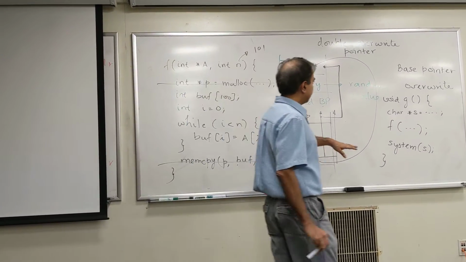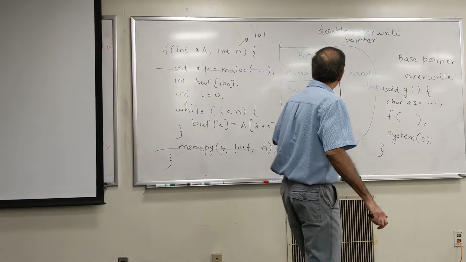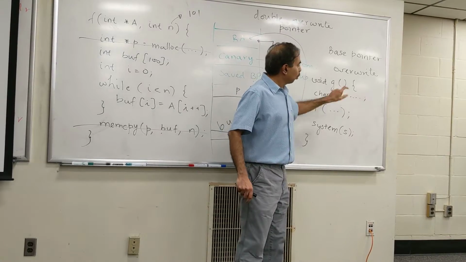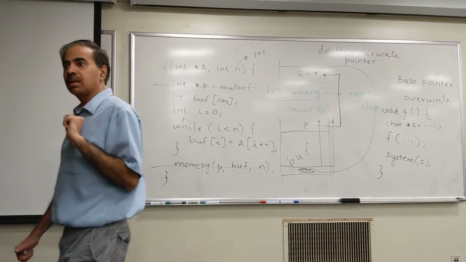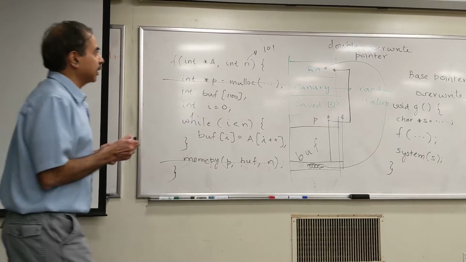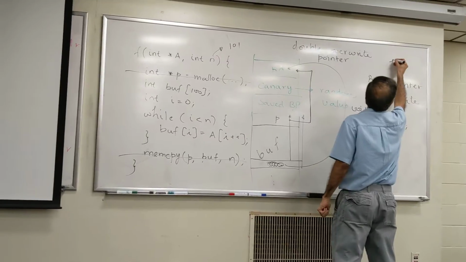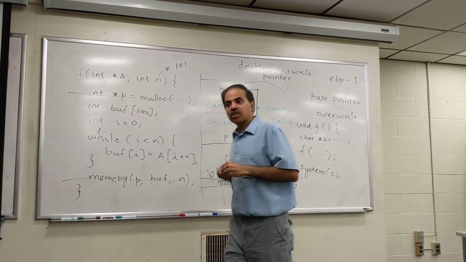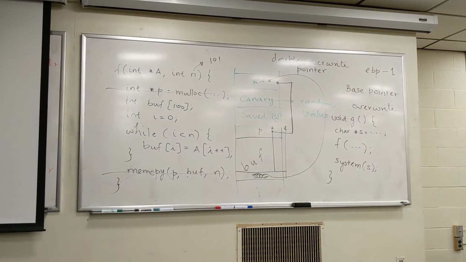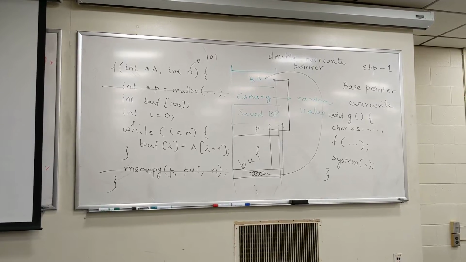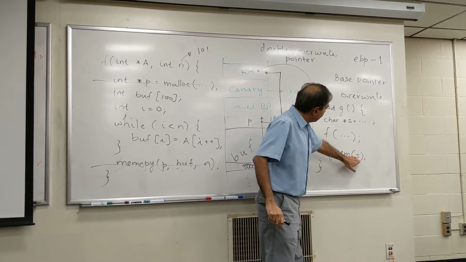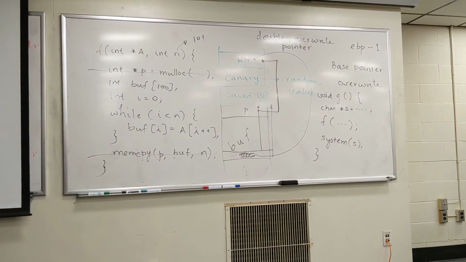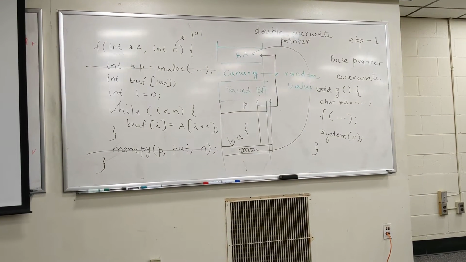Now what the attacker has done is, by corrupting the saved base pointer, the attacker is now able to control what S means. Because S is going to be accessed using something like EBP minus 1, or some offset like that. So if the attacker controls EBP, this system S is going to be nothing but whatever is at EBP minus 1, and the attacker can control that value.